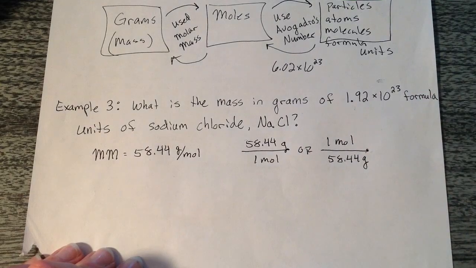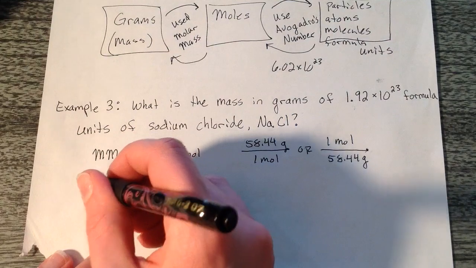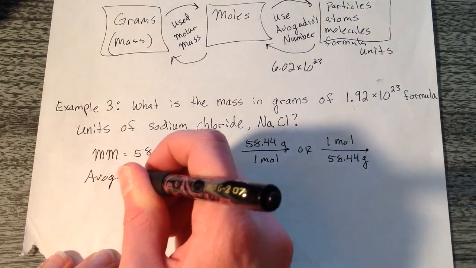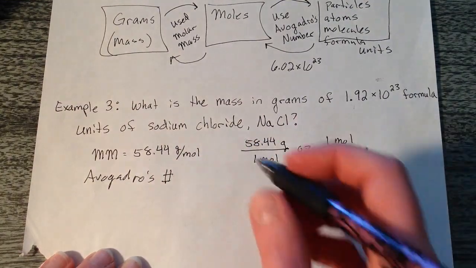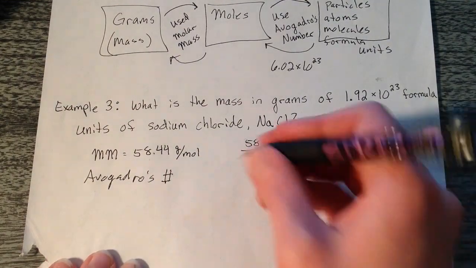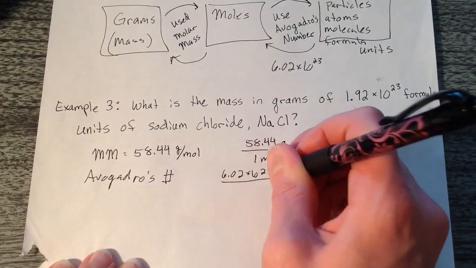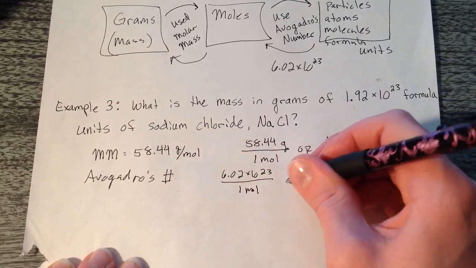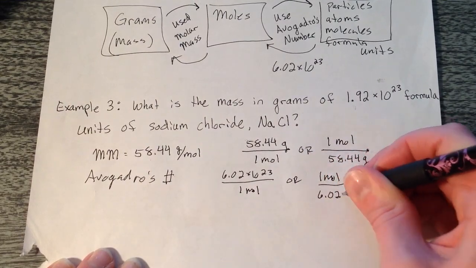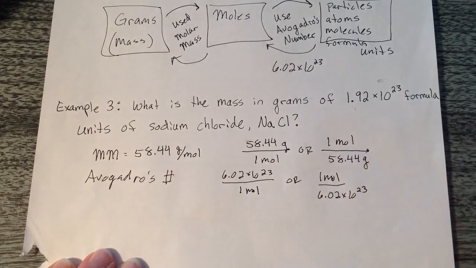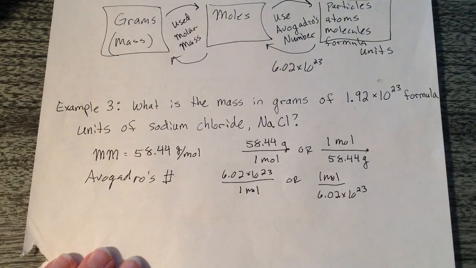Those are the two conversion factors I can use. I can also use Avogadro's number. And we've seen these already today, where I write 6.02 times 10 to the 23rd over 1 mole, or 1 mole is 6.02 times 10 to the 23rd on the bottom. Those are the two ways I can write my conversion factors.